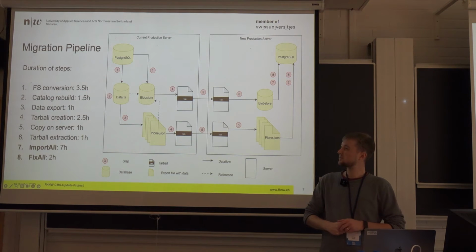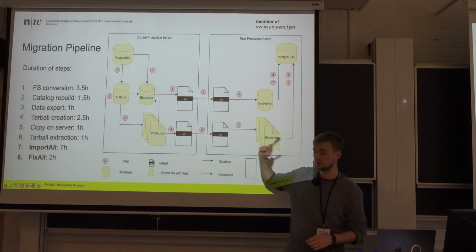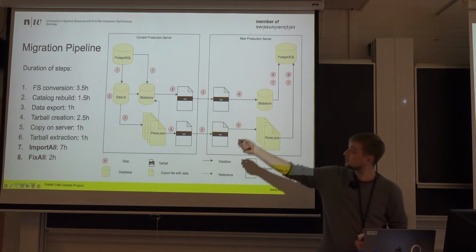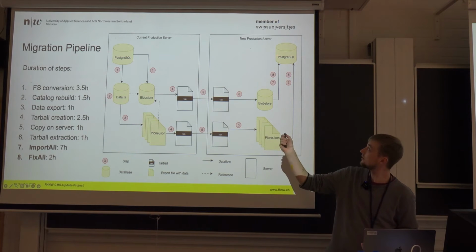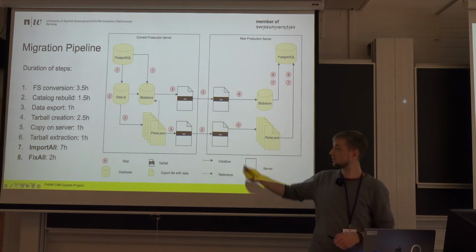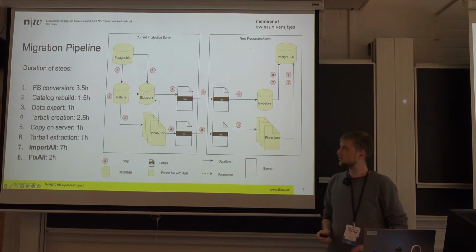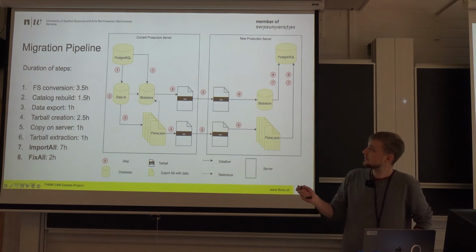Let's look at the migration pipeline. This is how we did the actual migration. On both systems, we had PostgreSQL, right? On the left, we have the old system. On the right, the new system. And first of all, we did a conversion to file storage here.